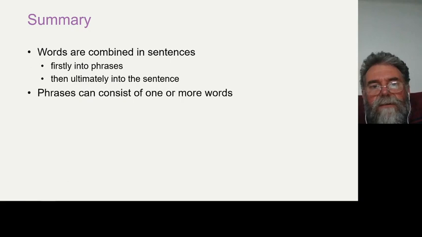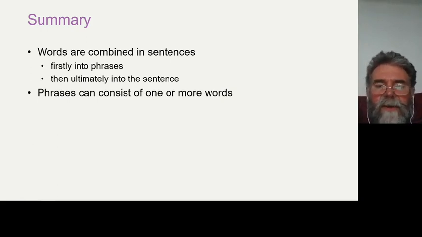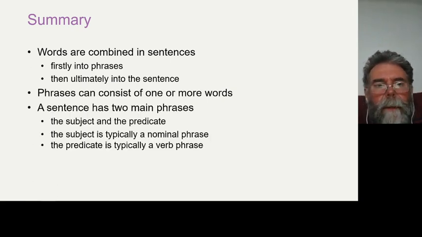Phrases can consist of one or more words, so you can have a single word phrase, there's nothing wrong with that. So one word can be a phrase all by itself, though obviously it's also a word at the same time. What that means is that inside the phrase, there are positions for words as well. We've seen that sentences have two main phrases. They can have other things, but for now we'll just stick to these.